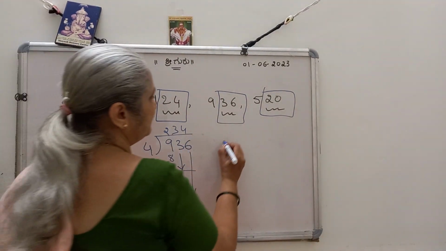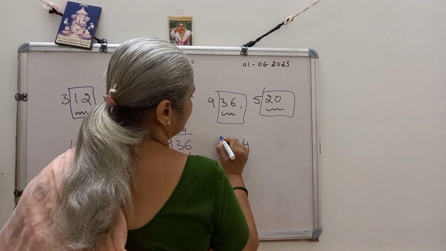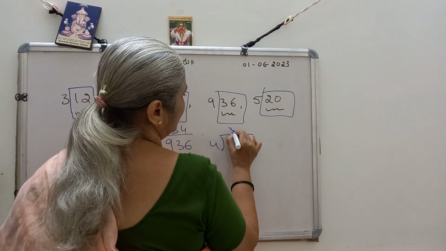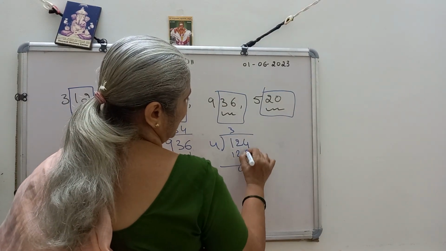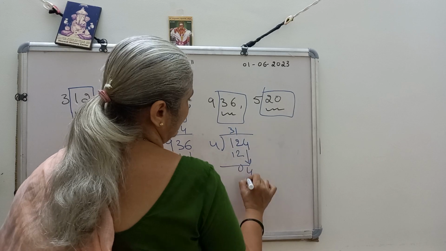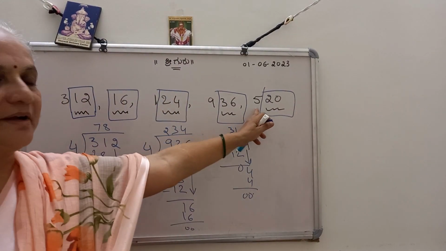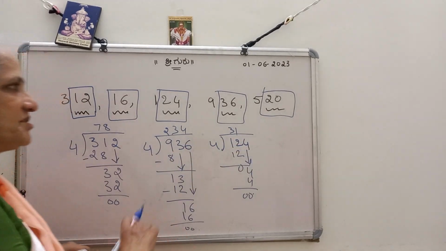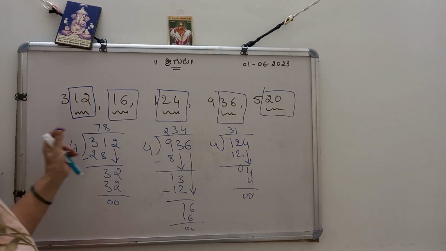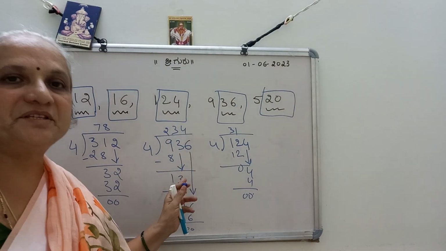What about 124? 4 threes are 12. Bring down 4. 4 ones are 4. Similarly, you can check the number 520 also. On long division, you conclude that these numbers are divisible by 4.